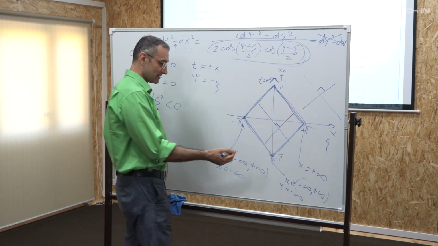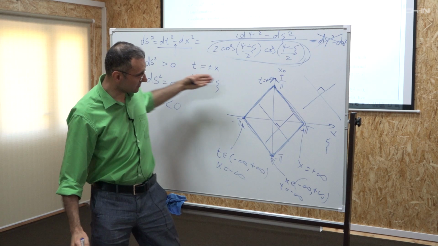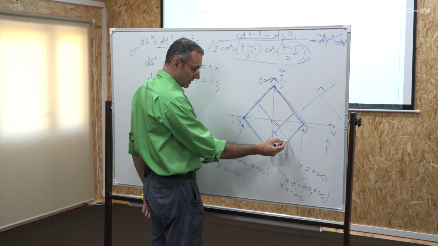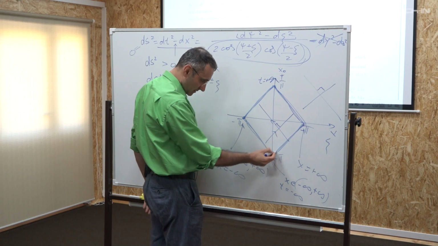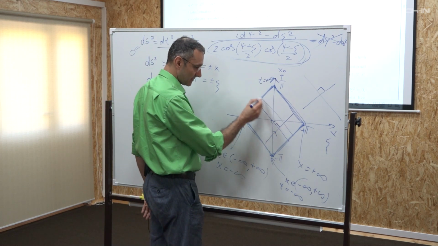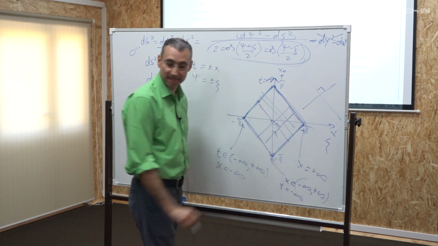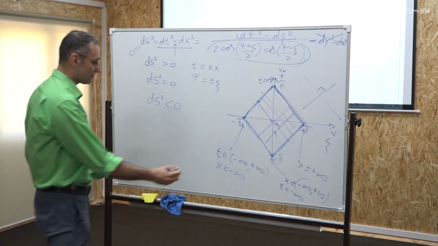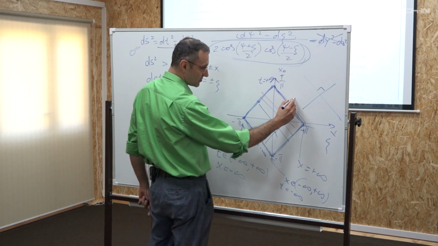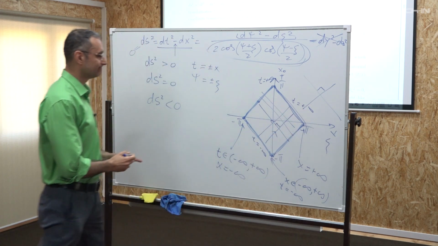Why is it light-like future and past? Because light rays can propagate either in the positive x direction or in the negative x direction. This corresponds to this motion and this motion. Light rays originate at these lines and end up at these lines. Or they can originate from this line, then they end up at this line. So at past infinity light rays originate here. At future infinity, they terminate here.